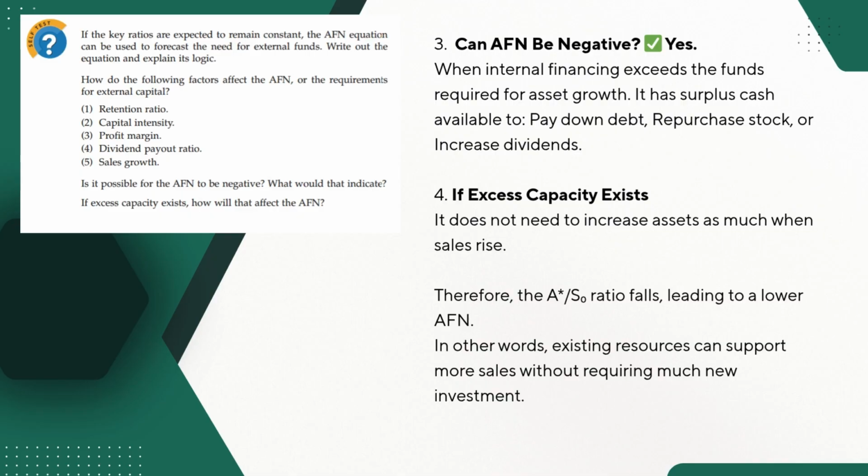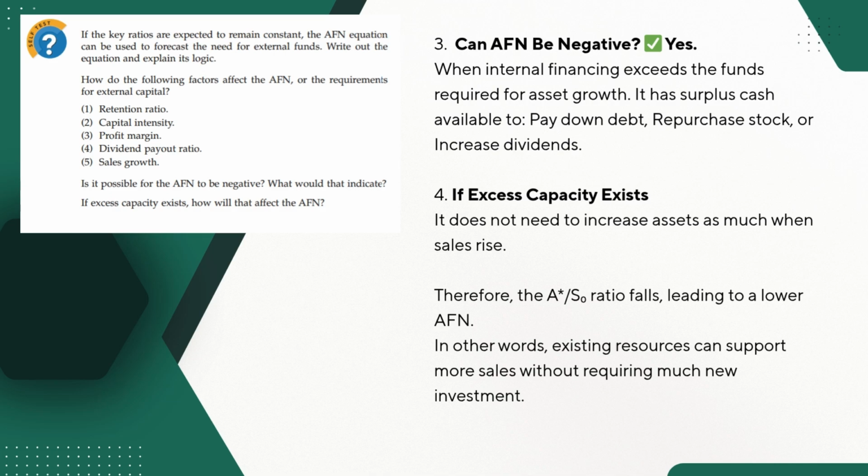And what if excess capacity exists? When a company has idle or unused capacity, say unused warehouse space, unutilized machinery, or underworked staff, it can increase production or sales without needing much new investment.